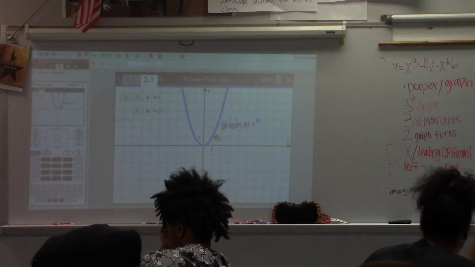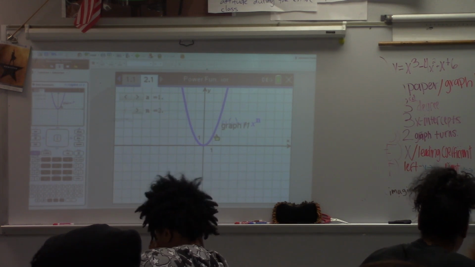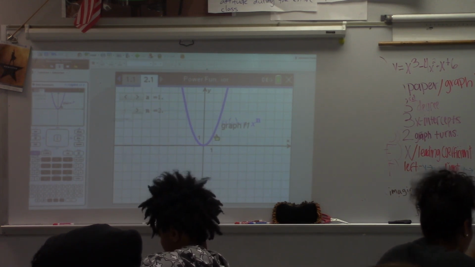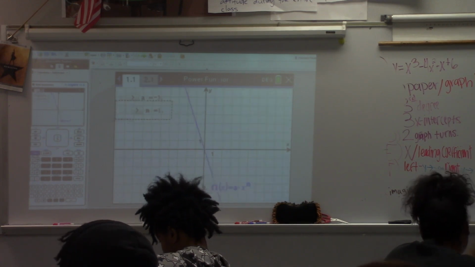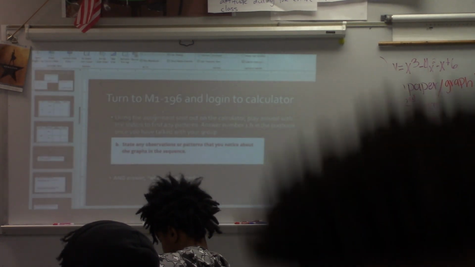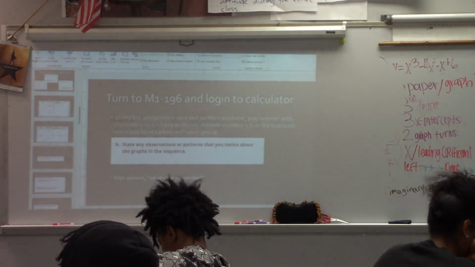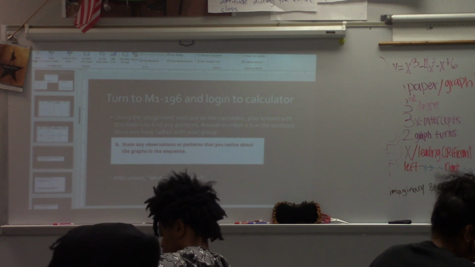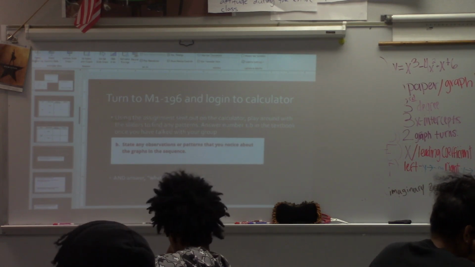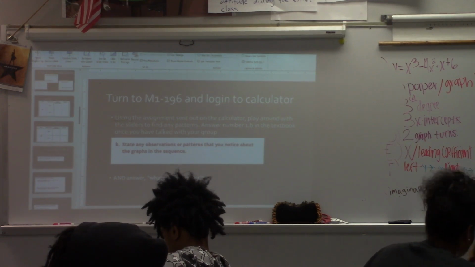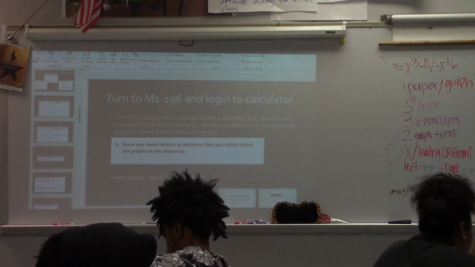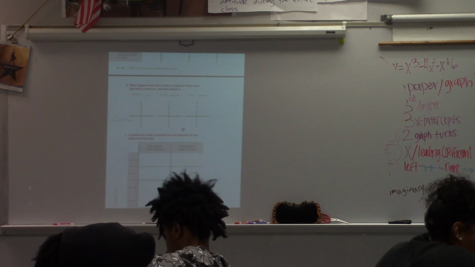Okay, we don't have enough time to do this in small groups. We're going to have to do this together. I was planning on sending this file out to you, but I do want to point this out. On M1-196, we're using the assignment sent out to the calculators, play around with the sliders to find any patterns.